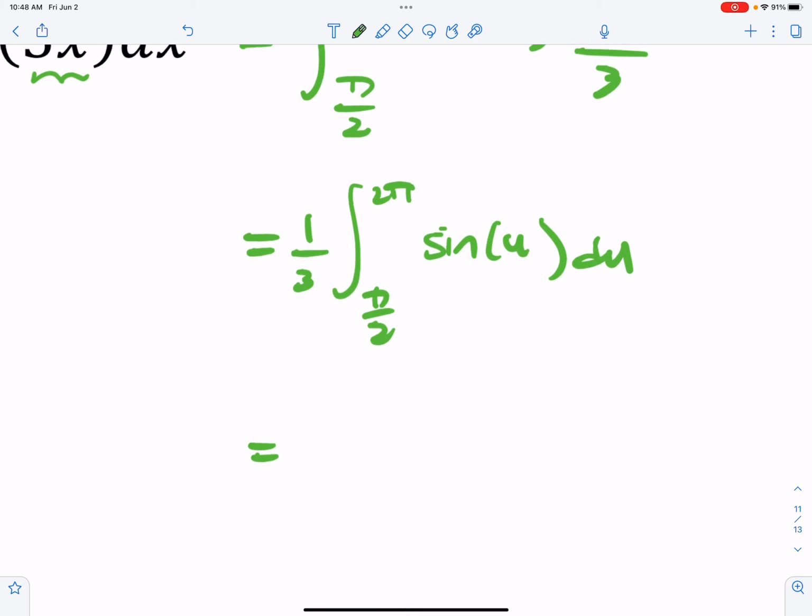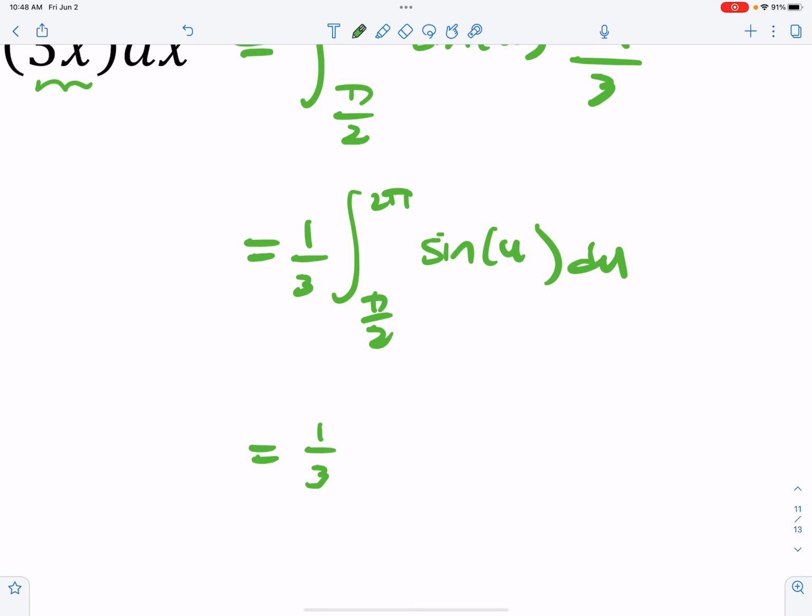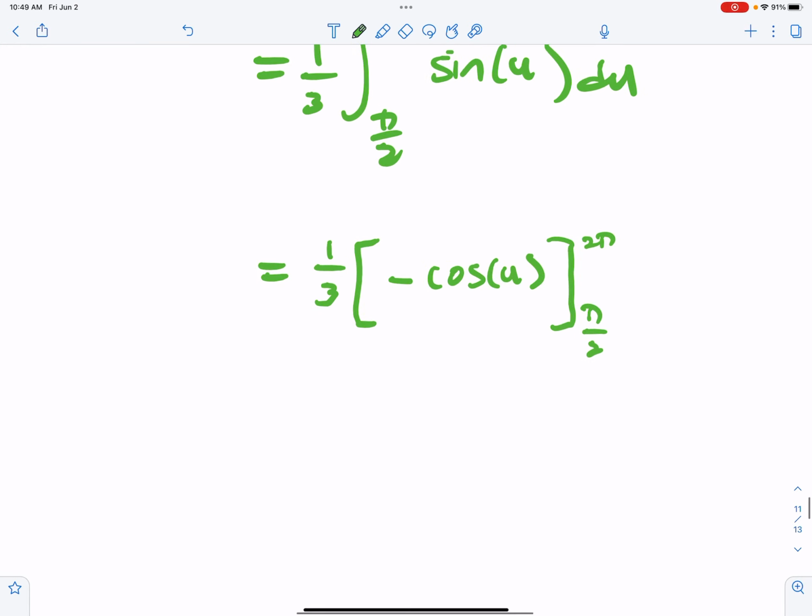And then integrating sine, the 1/3 will be there. I would get negative cosine of u. And then applying the first fundamental theorem of calculus.